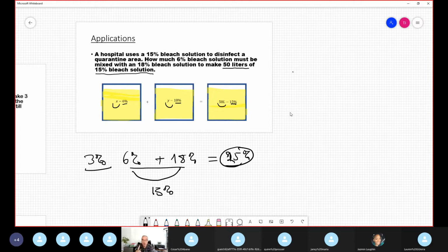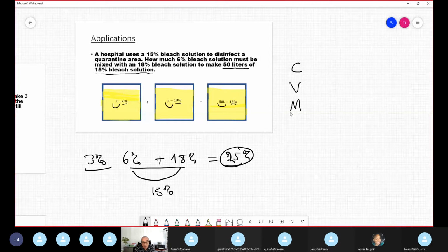Okay. Step 1, set up the equation. Well, the equation involves three quantities: concentration, let me call it C, volume, and mass. What does mass mean? Well, the volume is the total volume.